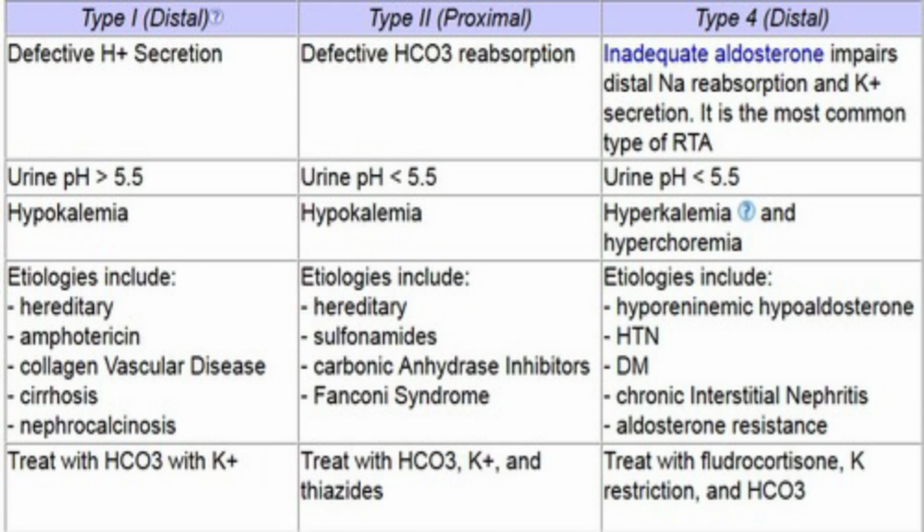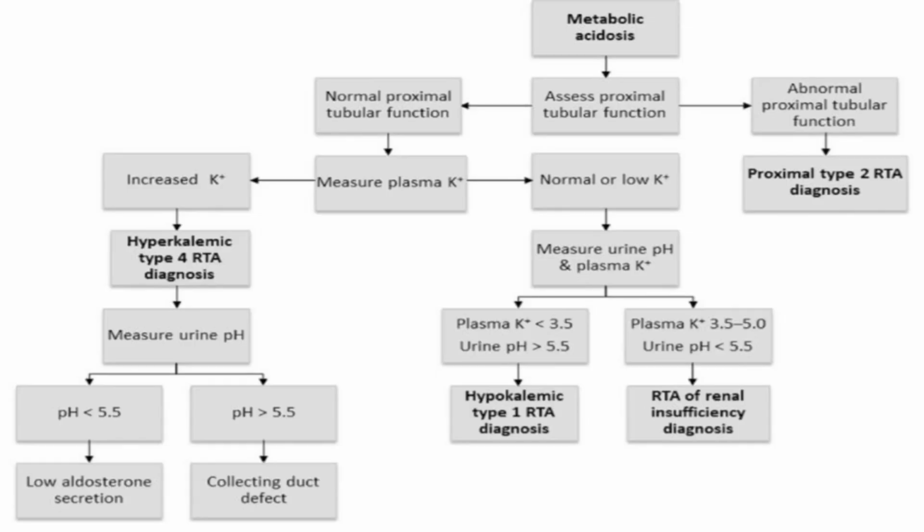So this table lists a comparison between these three types of renal tubular acidosis with their causes and with their treatment listed below. This picture shows you how to do the metabolic workup and how you will assess the proximal tubular function.